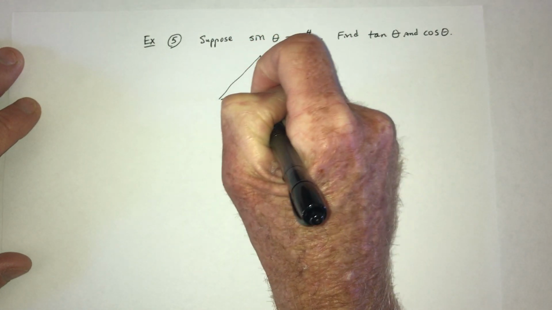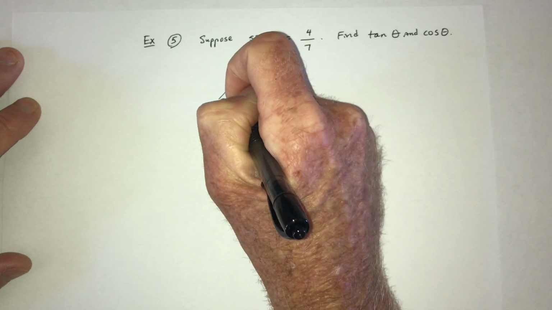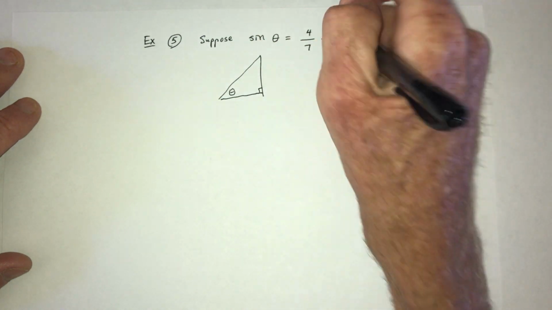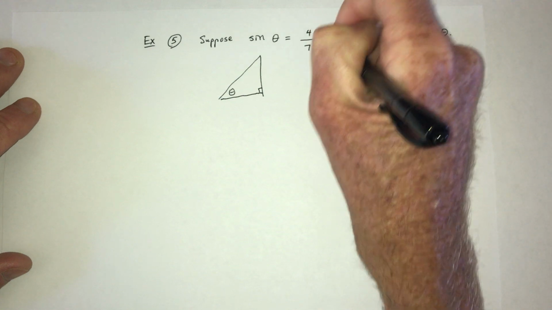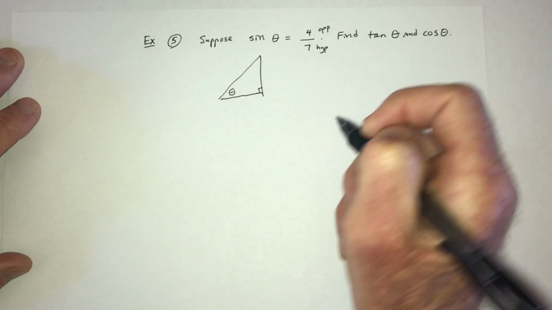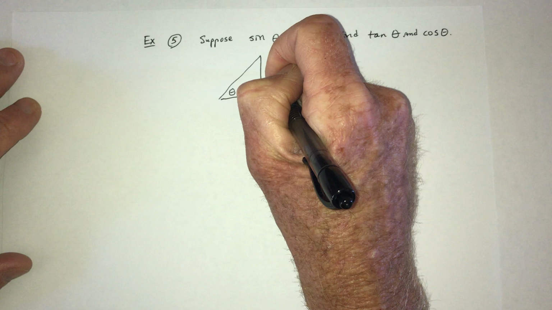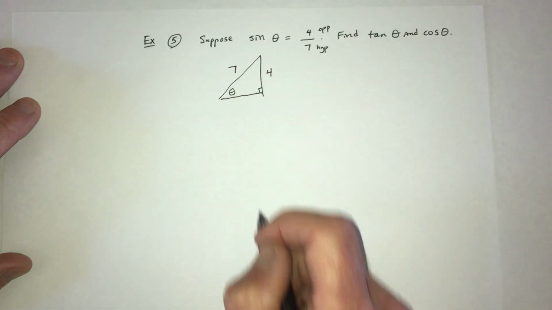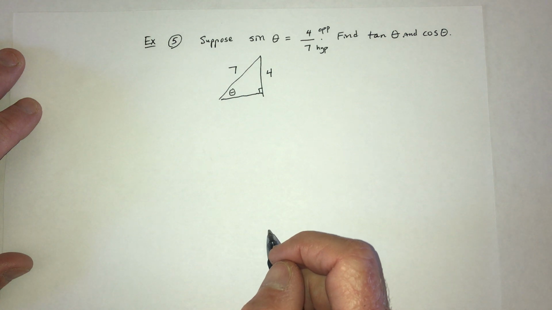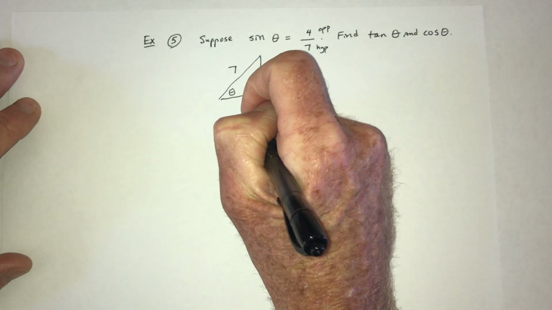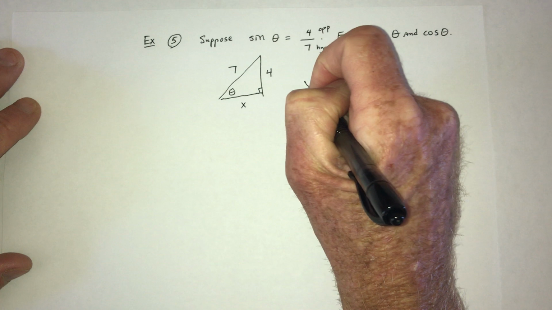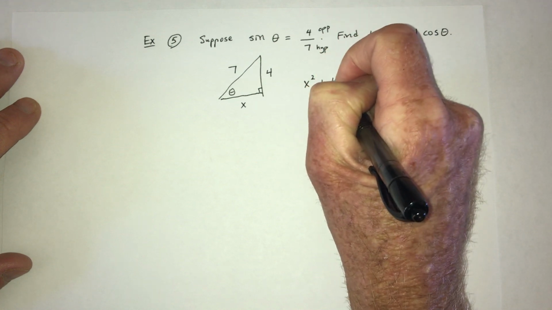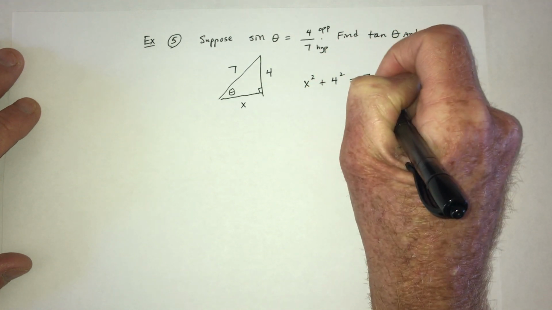So one way to do this problem is you draw a right triangle. Sine is opposite over hypotenuse. So the opposite side would be 4, and the biggest side, the hypotenuse, would be 7. And then we could solve for x by doing the Pythagorean Theorem. x squared plus 4 squared equals 7 squared.